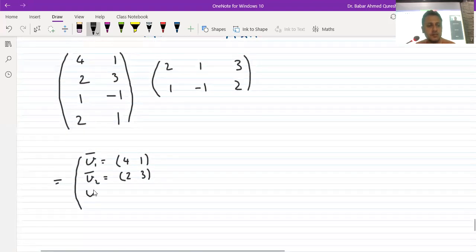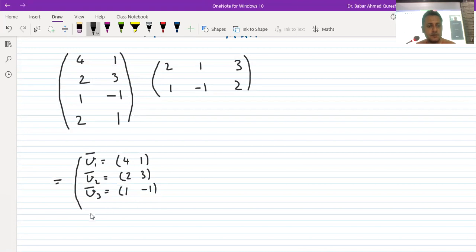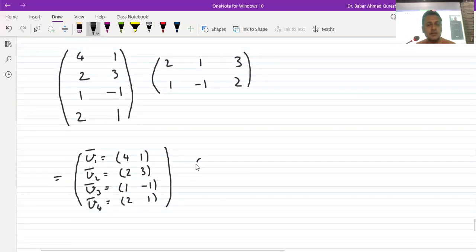That's how you write the row vectors, just separated by a space. So it has 4 rows, so 4 row vectors. That's your first matrix. And your second matrix has 3 columns.